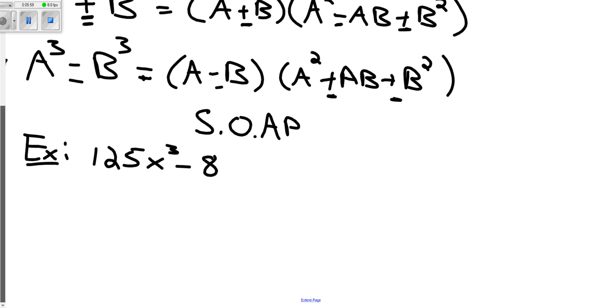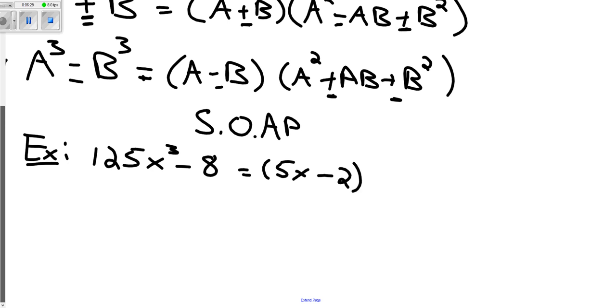Now, everything here has a nice cube root because that would be mean to do that in the first example. The cube root of 125 is just 5. The cube root of 8 is 2. So all you do is you know that this is 5x, same sign, minus the cube root of 8, which is 2.